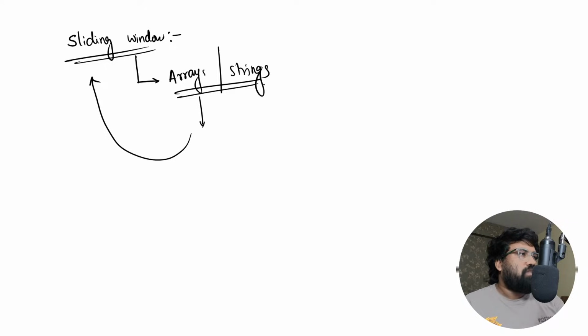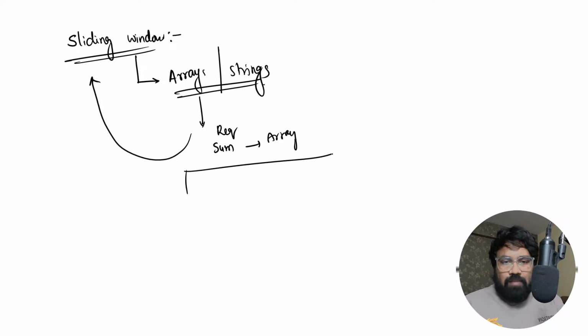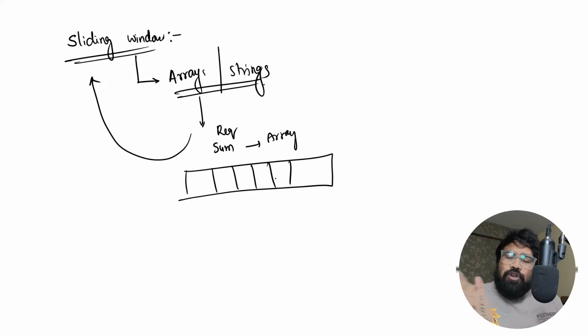For example, they will ask for some required sum from the array, where the array has some elements. Whenever they ask for a continuous sum, we will use the sliding window technique.